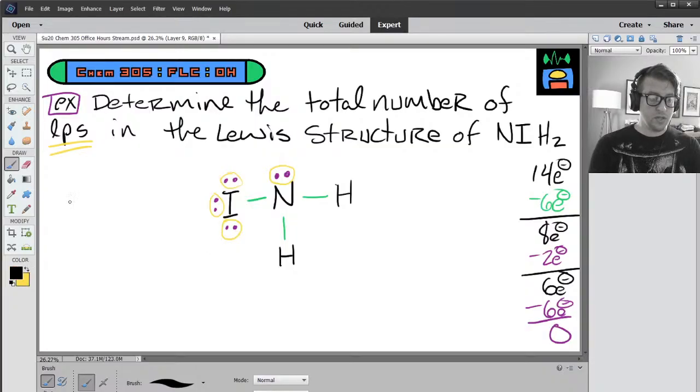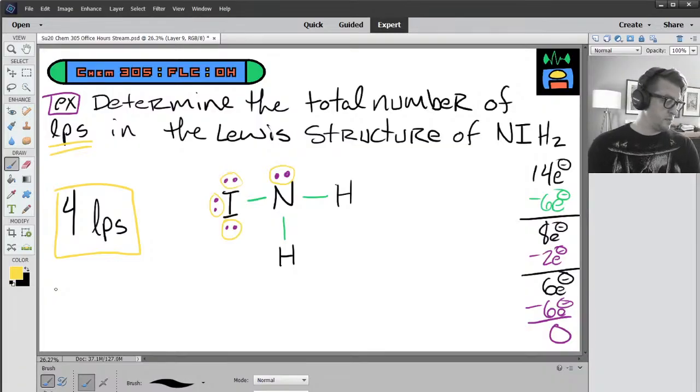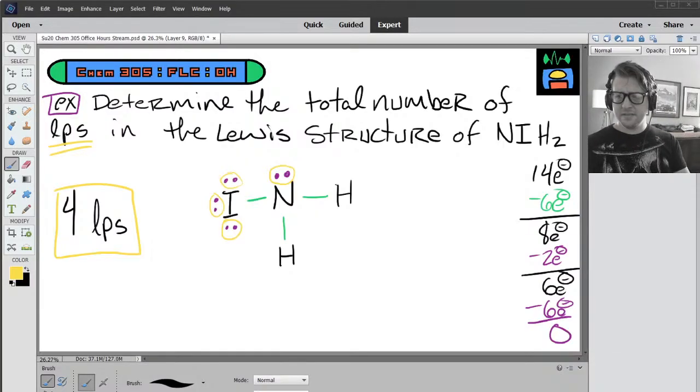So we have a total of 4 lone pairs in this molecule. Does that make sense?